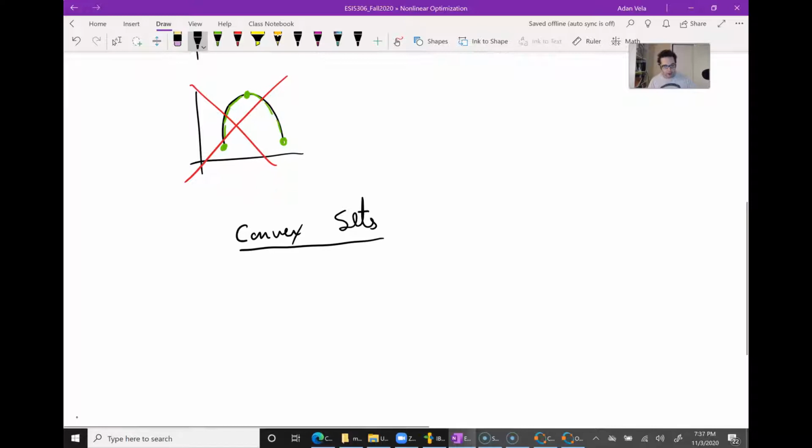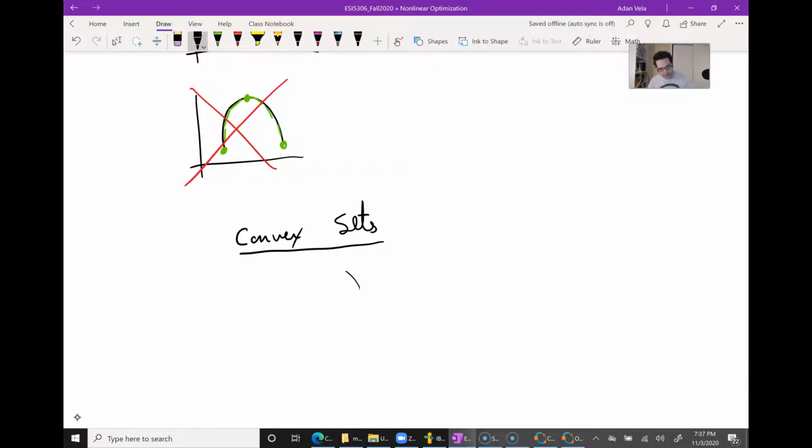The general rule about a convex set, and I'm going to draw this out, and then I'll write the mathy equivalent, is that if we take any 2 points inside the set and we draw a line connecting them, then every point on that line is also contained in the set.